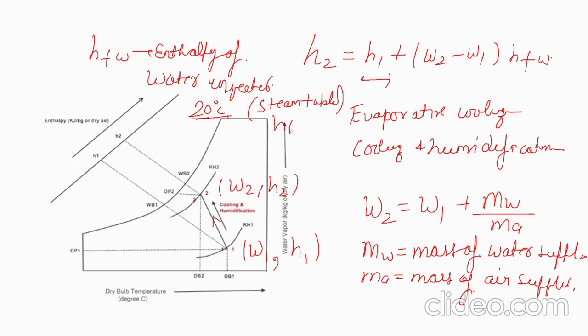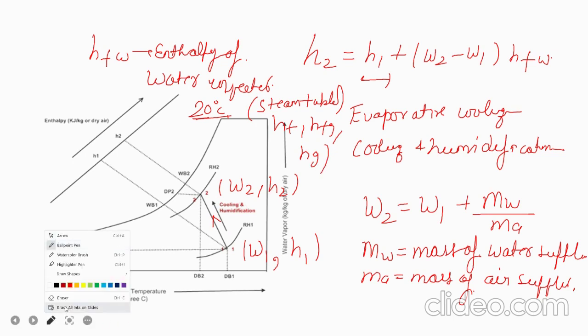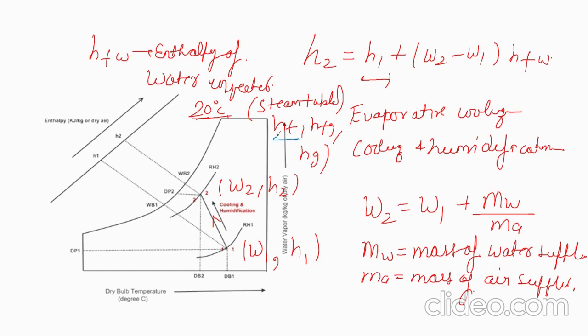Suppose you have hf, hfg, and hg, which enthalpy do you take? The correct answer is you take the enthalpy hf because it is pure water. This is important from the point of view of a refrigeration and air conditioning student.